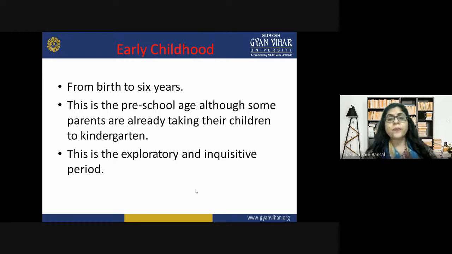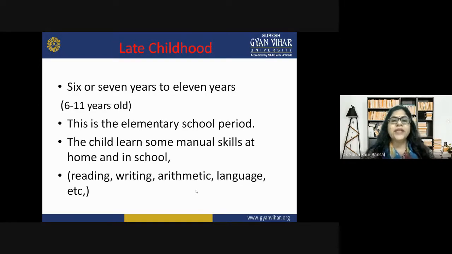Clear? Now let's discuss late childhood. Late childhood is considered from 6 or 7 years to 11 years. This is the elementary school period, students, where the child is learning some manual skills at home and in schools. The basic things like reading, writing, arithmetic, language, etc. are mainly considered in the late childhood period.